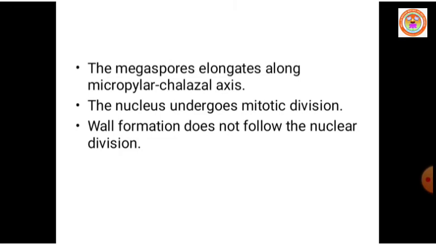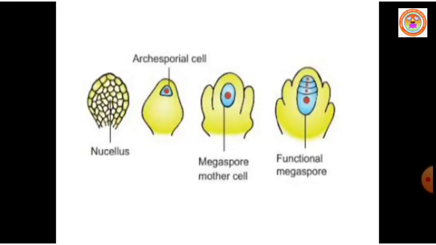When it elongates, the nucleus undergoes mitotic division, followed by wall formation. Wall formation sometimes does not follow the nuclear division. You can observe this picture.